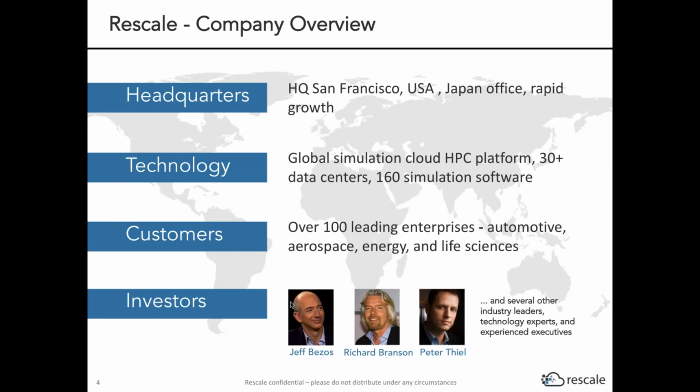So Rescale is based in San Francisco. We have an office in Japan. We have about 36 data centers worldwide and over 100 leading enterprises with a strong team of investors behind the company.